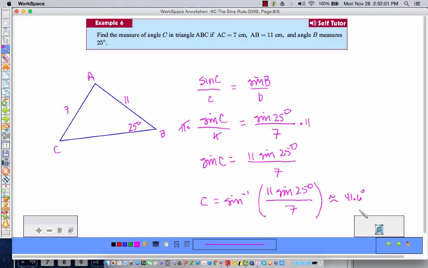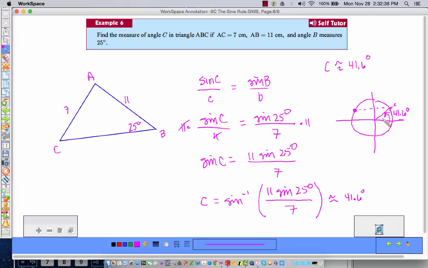Okay, so let's think about this. This is definitely a solution. 41.6 degrees is a solution. So we can say C is approximately equal to 41.6 degrees for sure. But we know 41.6 degrees is about right here on our unit circle. We know right over here there's a corresponding angle, and this one has the exact same sine.